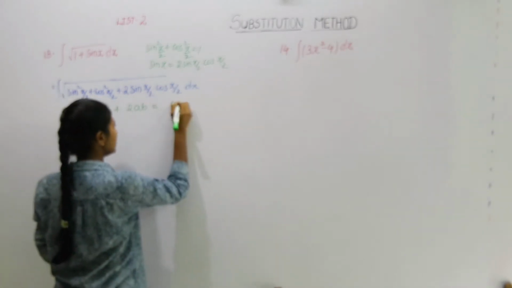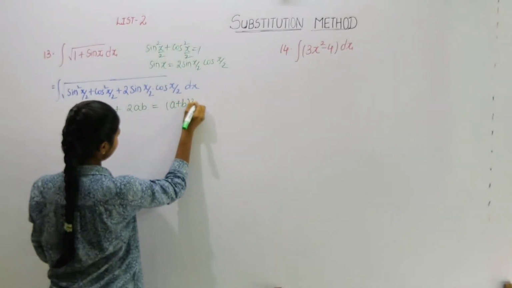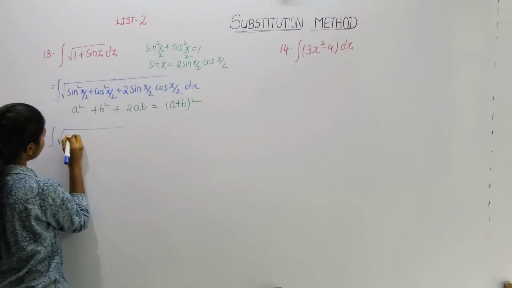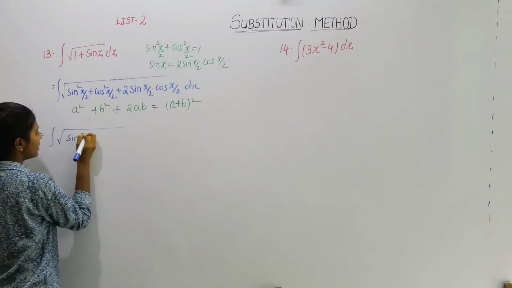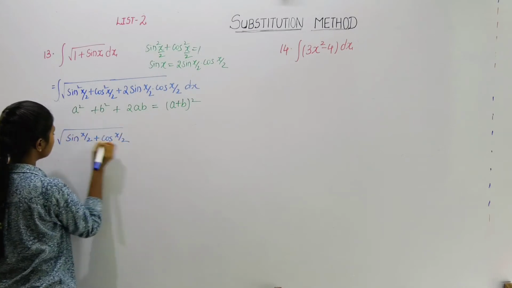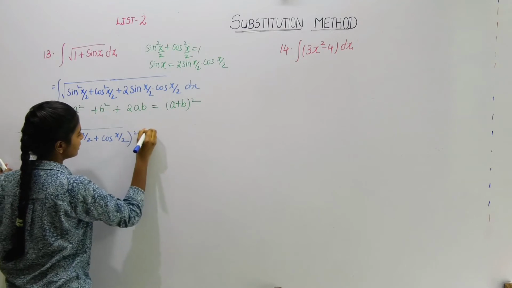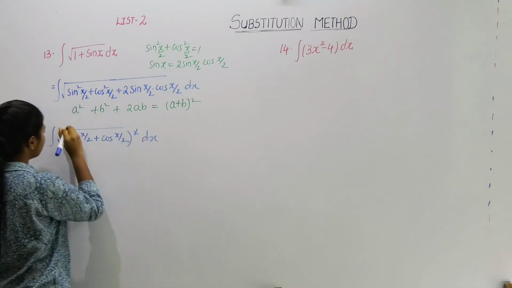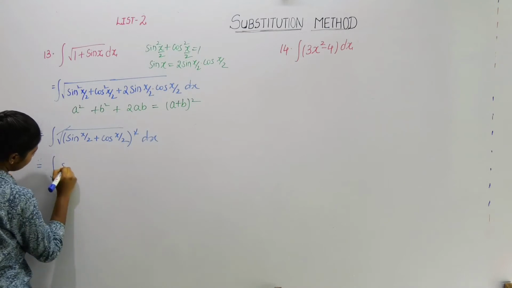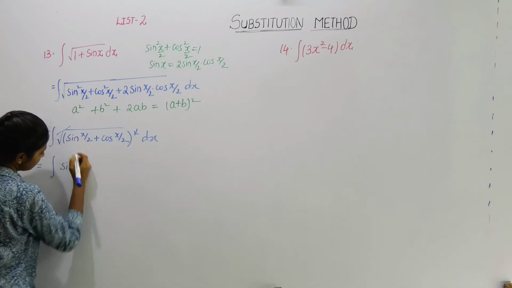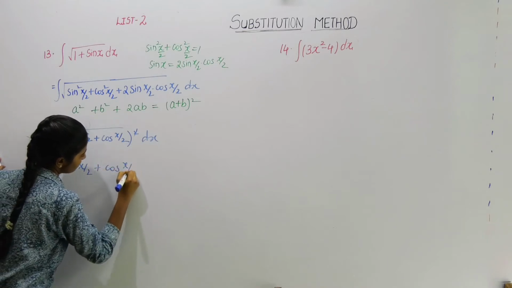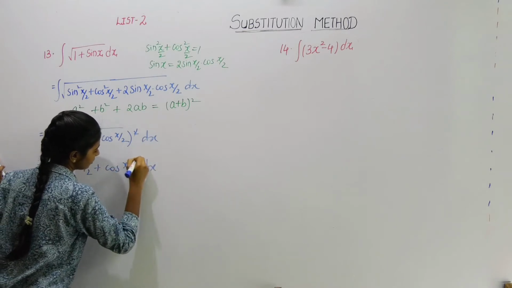It is a plus b whole square. When we substitute it, we get square root of sin x by 2 plus cos x by 2 whole square dx. This square root gets cancelled and we are left over with integral sin x by 2 plus cos x by 2 dx.